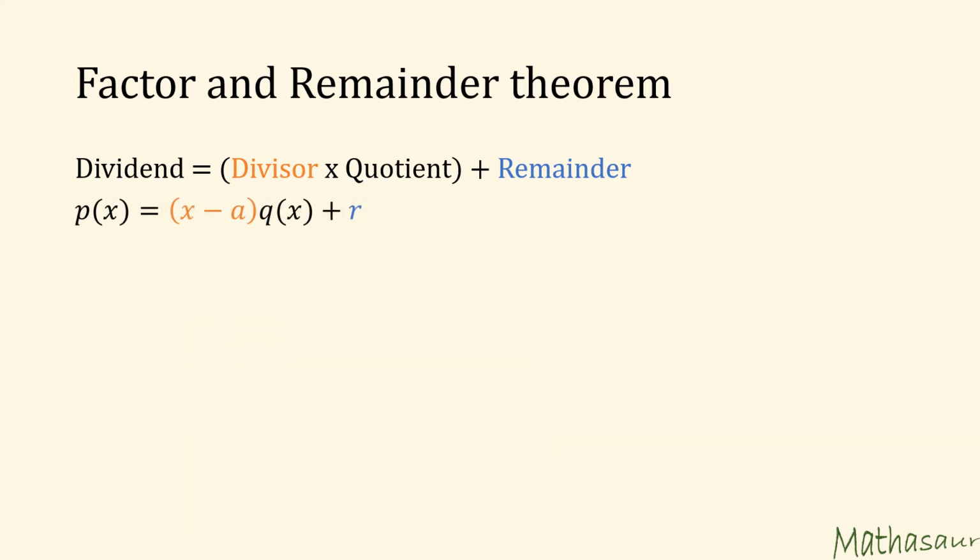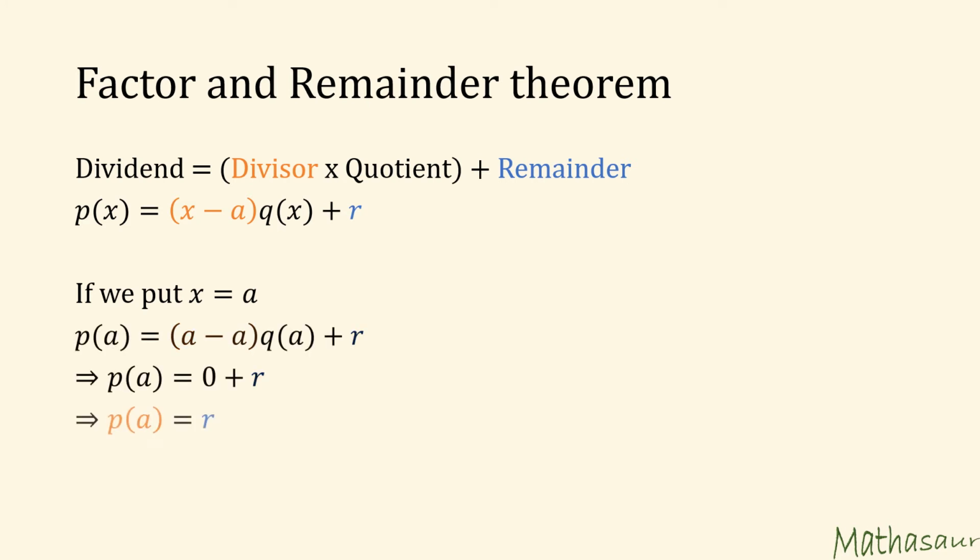We could generalize p of x as equal to x minus a times the quotient q of x plus the remainder r. So looking at the divisor x minus a, if we were to put x equals a on both sides of this equation, we would get p of a equal to r, which means that the 0 of the divisor reduces the polynomial to the remainder.